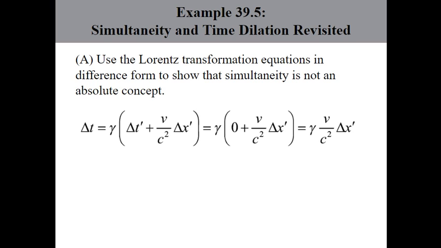And despite the fact that in the S prime frame they happen simultaneously, because there's some distance between them, you'll see that in the S frame, not prime, the time difference between the two events depends on the distance between the events.